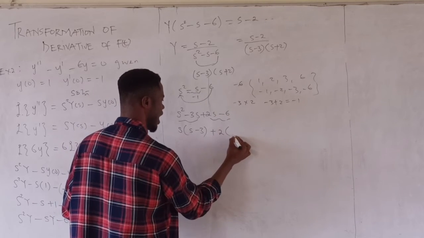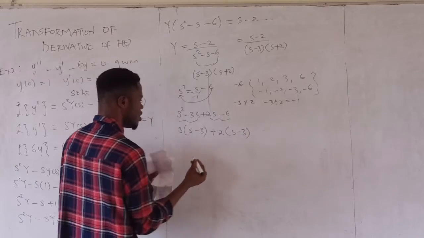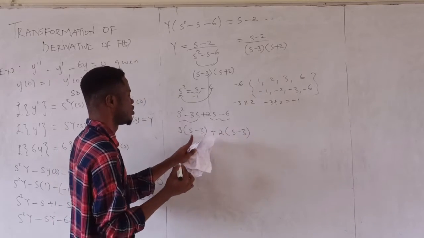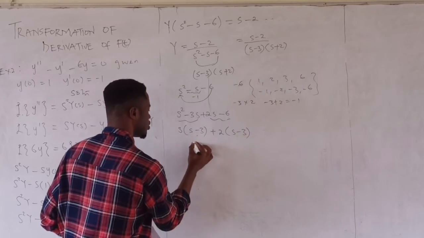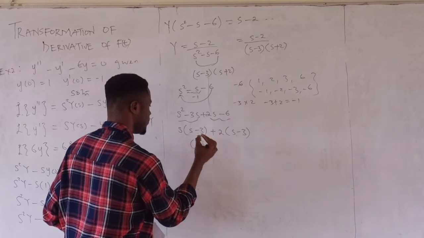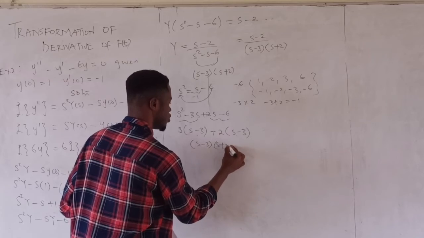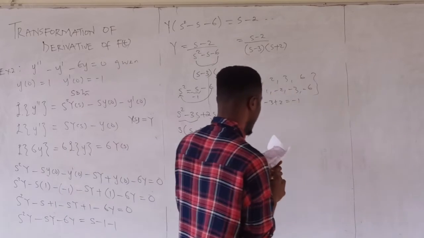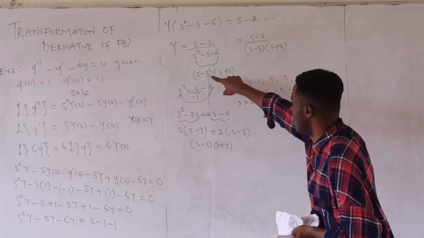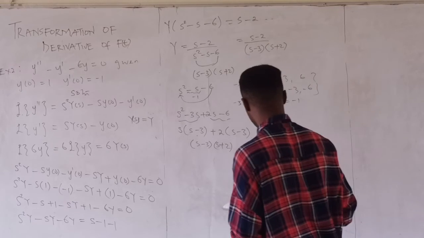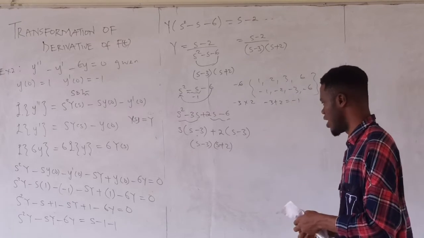So if I bring out 2, I have s minus 3. Since I have s minus 3 and s minus 3, I'm going to pick one of the brackets. That means s minus 3, and of course, I'm going to have s plus 2. So this was how I ended up getting the factors of this function. Alright? So that's how I got it.